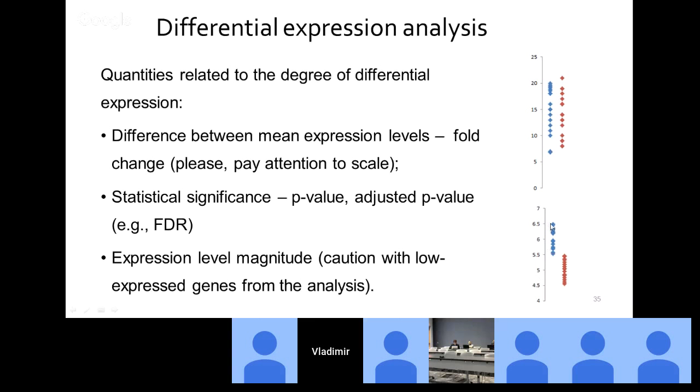We see that the expression level of a gene is higher in the blue group in comparison with the red group. The interesting thing here is that the difference between mean expression levels for the top figure and for the bottom figure are identical. In both figures, the blue group has a mean expression level twofold higher in comparison with the red group.